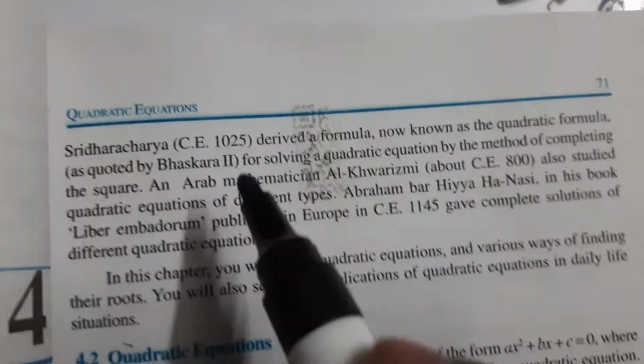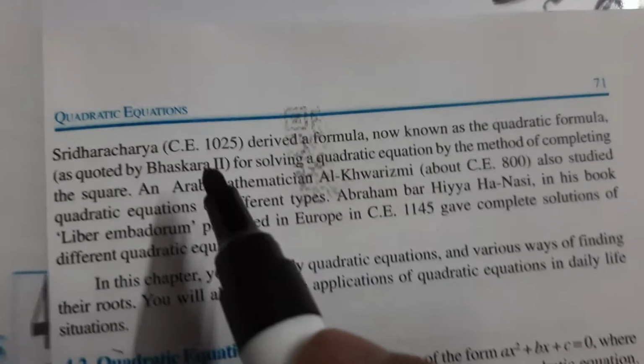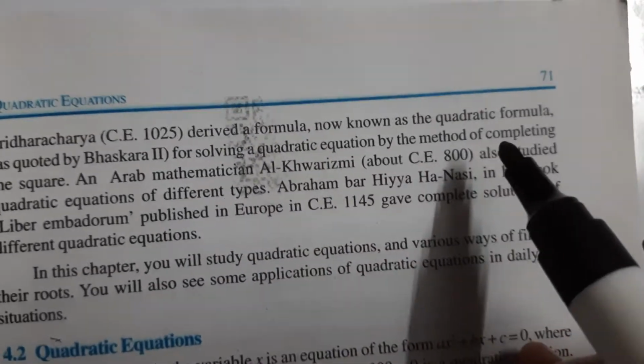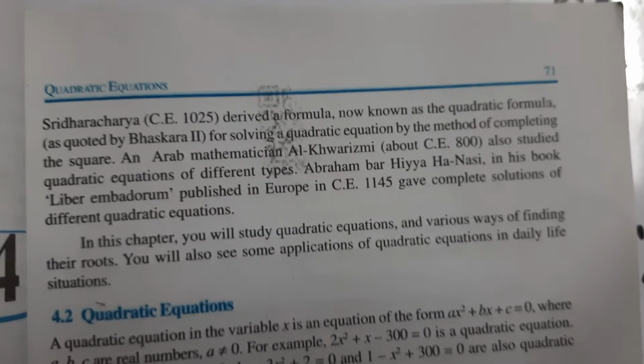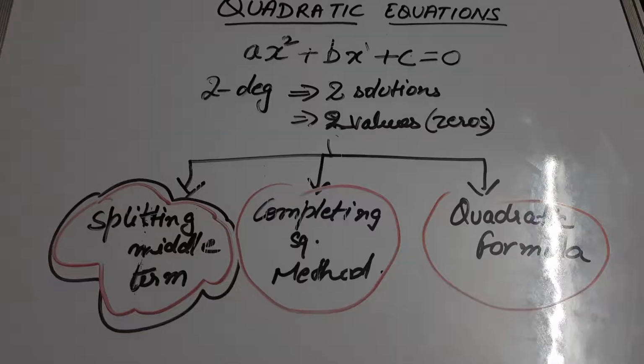Sridharacharya ji derived a formula now known as the quadratic formula. It is given by the Indian mathematician Sridharacharya ji, as quoted by Bhaskara II too. He is called Bhaskara II for solving a quadratic equation by the method of completing the square also. So let us start the chapter.